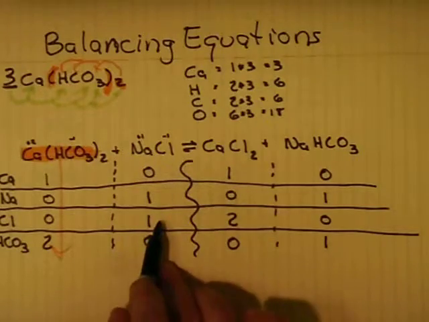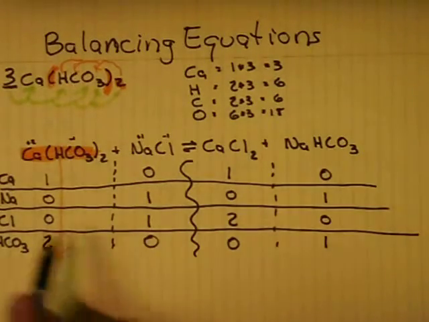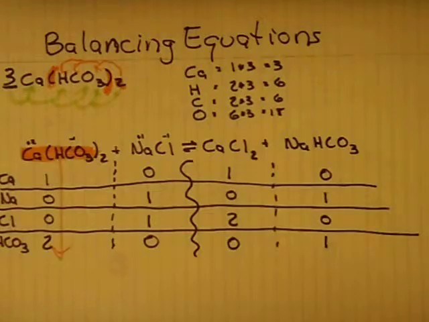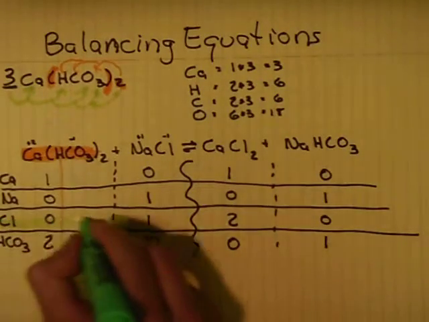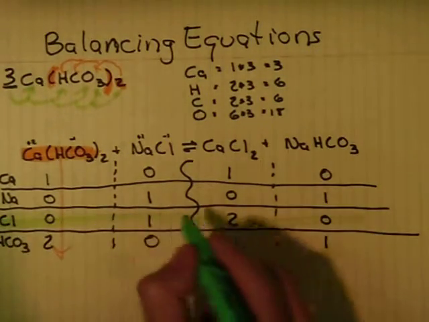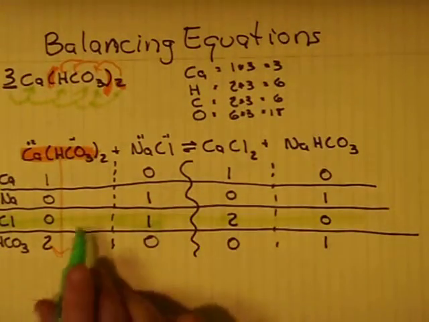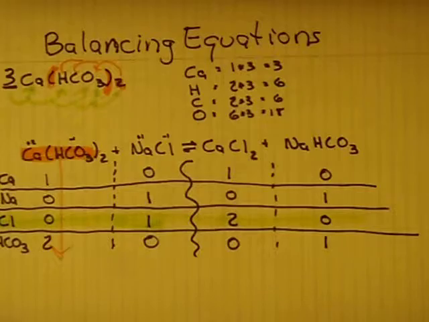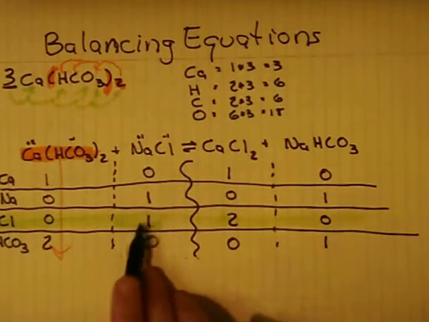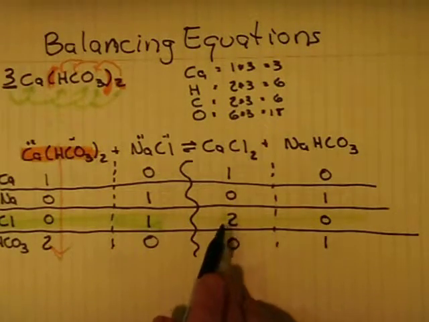Well, we'll start here with this chloride. So what we're trying to do now is to balance across a row. So on the left side we've got 1, and on the right side we've got 2. So what can we change to get this to equal to this?